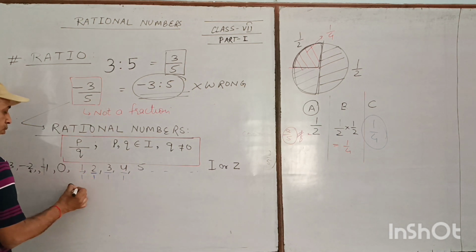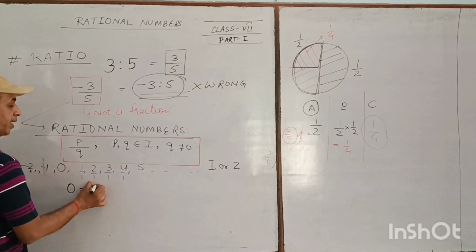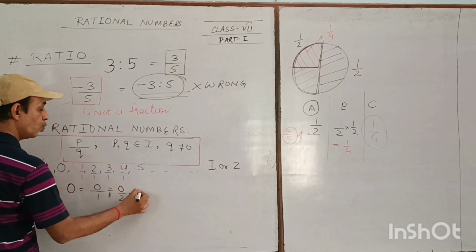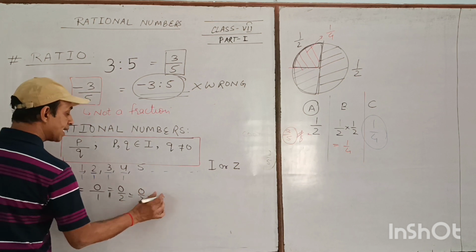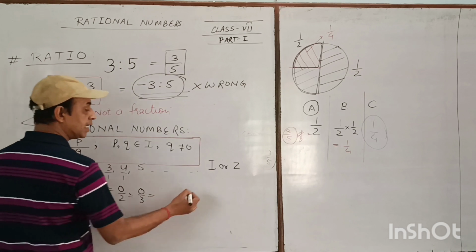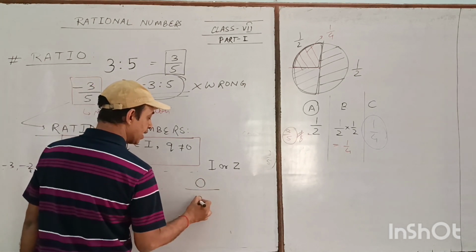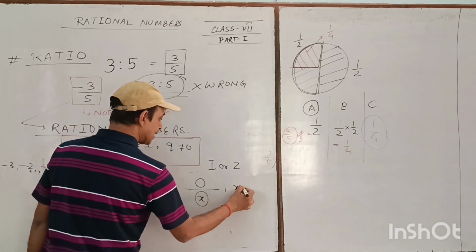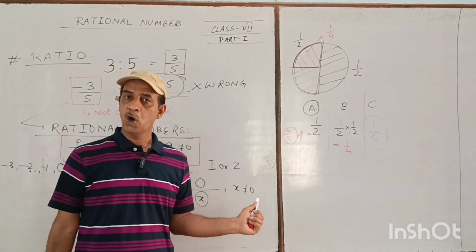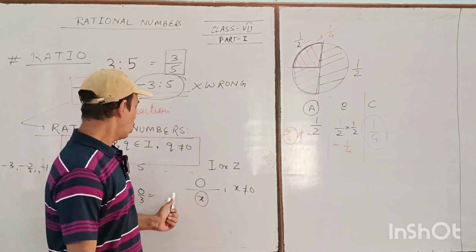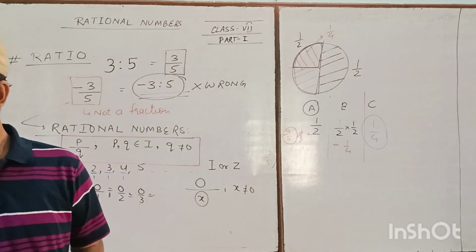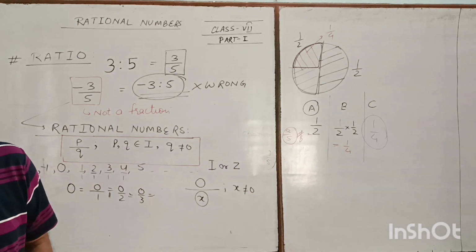But if you say 0, 0 can be written as 0 upon 1, 0 upon 2, 0 upon 3. What I mean to say is 0 upon anything, where x should not be 0. x can be either negative or positive, and it will always remain 0. That means 0 is a rational number.